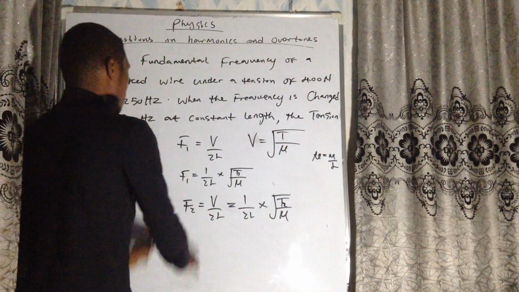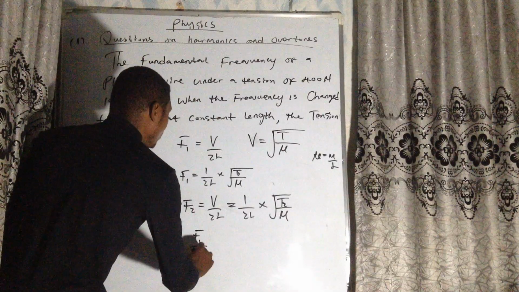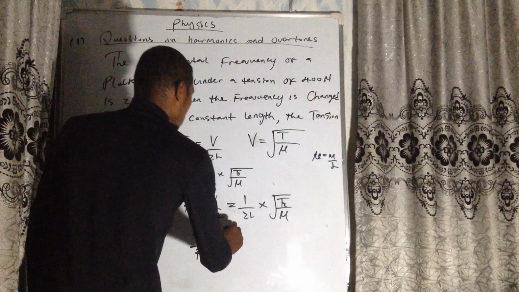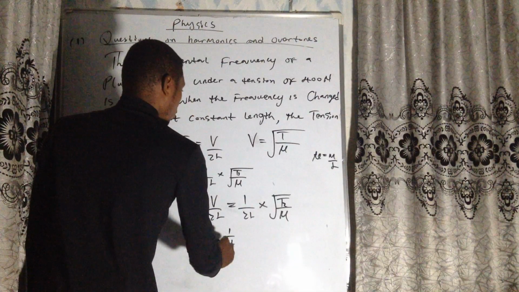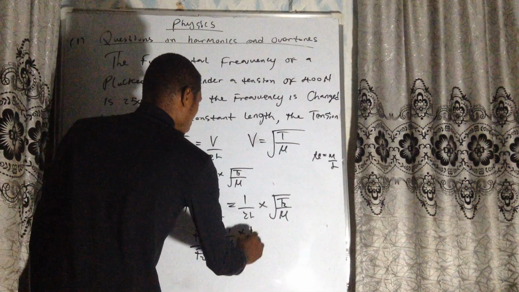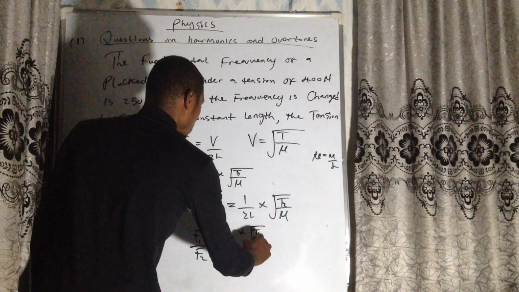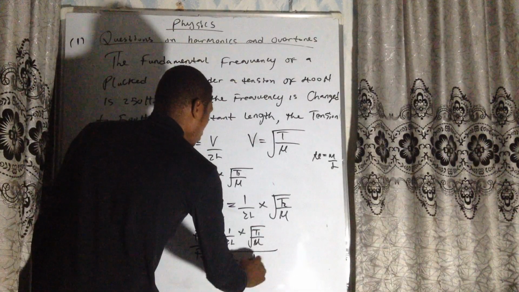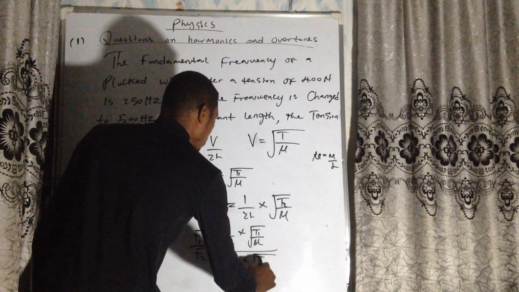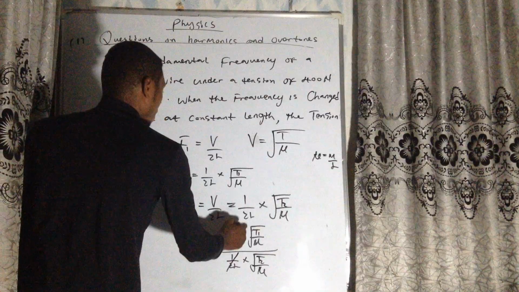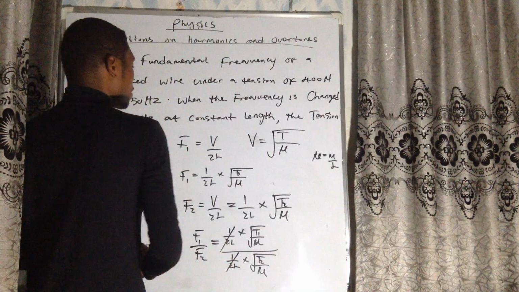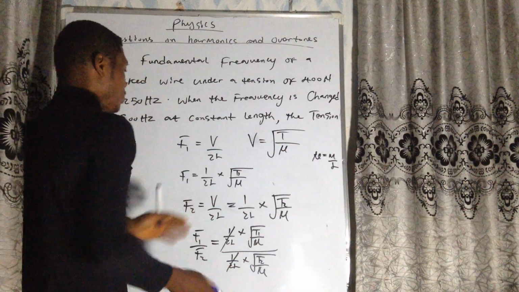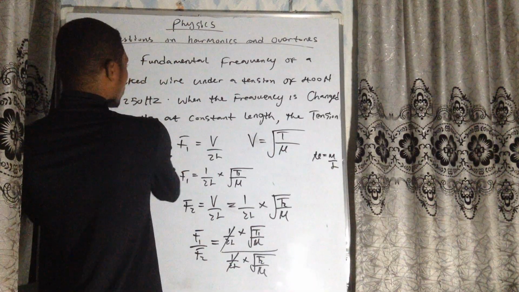When we now do F1 over F2, we have 1 over 2L times root T1 over mu, all over 1 over 2L times root T2 over mu. So 1 over 2L will cancel out. I don't want to just write the answer. I can do that, but I just want everybody to be following up.